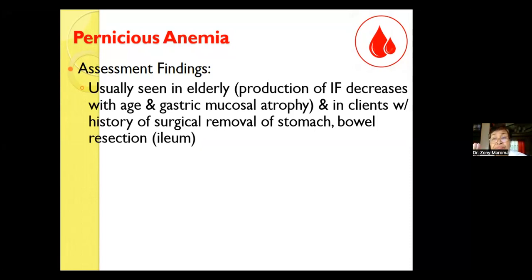The extrinsic factor is called hematopoietic factor, which is absorbed in the small intestine. Kaya pag nag-operasyon sa stomach, sa ileum, pagkakaroon din siya ng pernicious anemia.